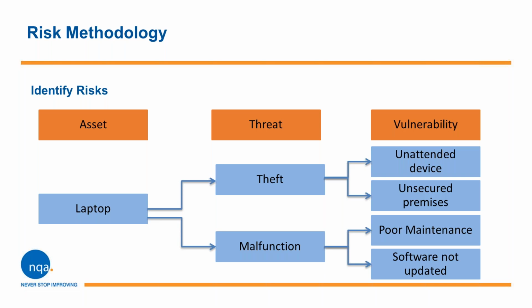From malfunction, we've got poor maintenance or software not updated. So when you've made your asset list of laptops, desktops, whatever you've got, you then think about the threats. You can have numerous threats for one asset, but then even more vulnerabilities for all those threats.